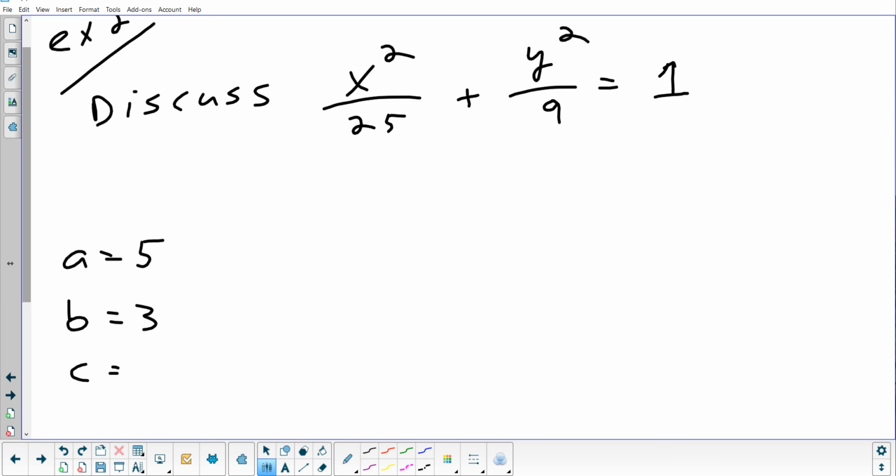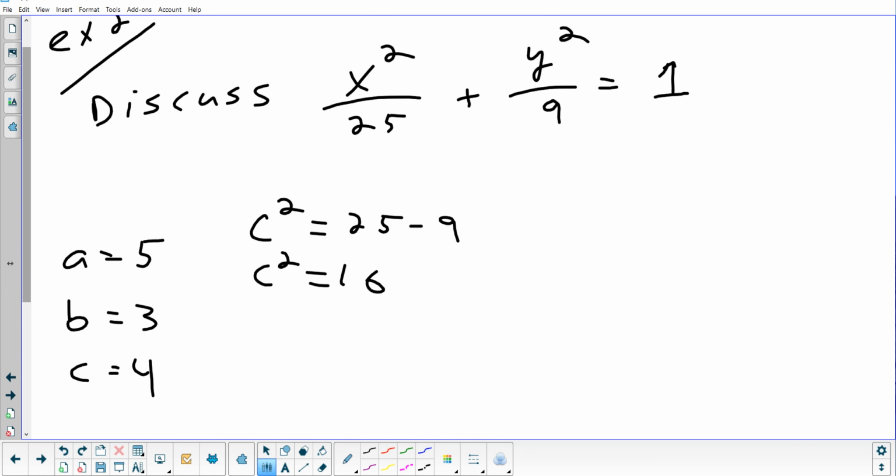We know A and B. So, yep. A squared minus B squared. Yeah, we're just going to use that formula. C squared equals A squared minus B squared. Exactly. So what does C come out to? Yeah, 4.